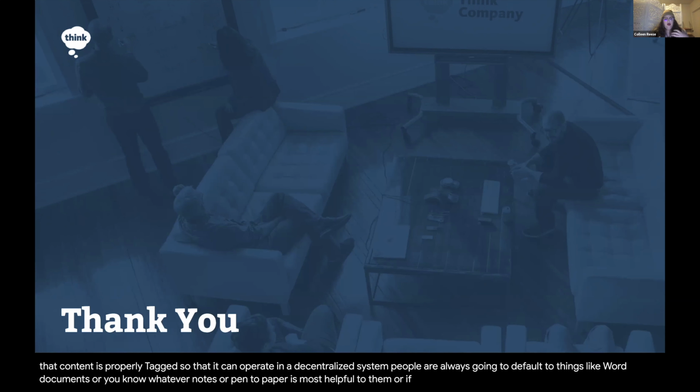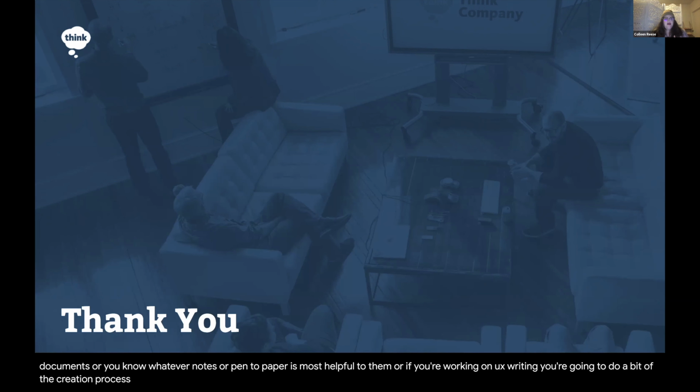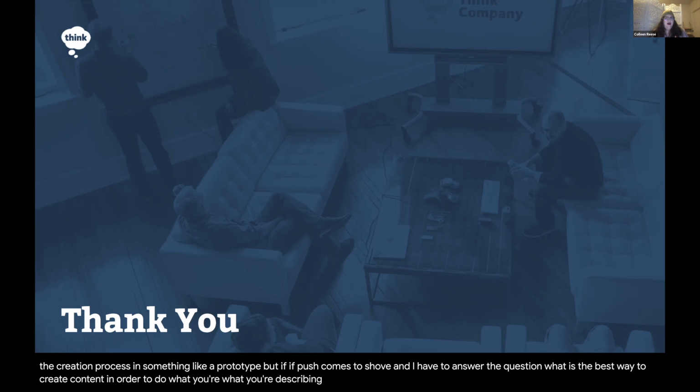Or if you're working on UX writing, you're going to do a bit of the creation process in something like a prototype. But if push comes to shove and I have to answer the question, what is the best way to create content in order to do what you're describing, my answer is directly in the CMS.